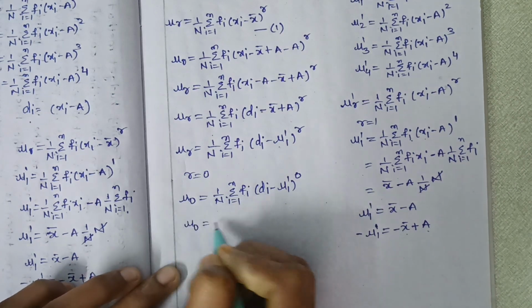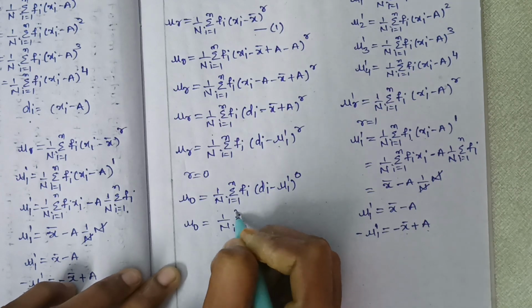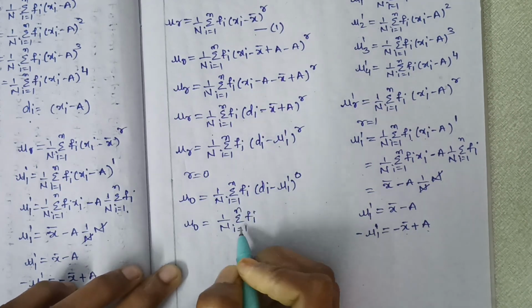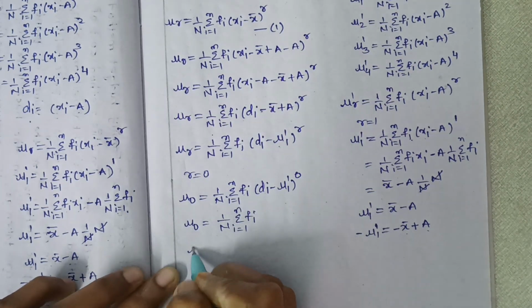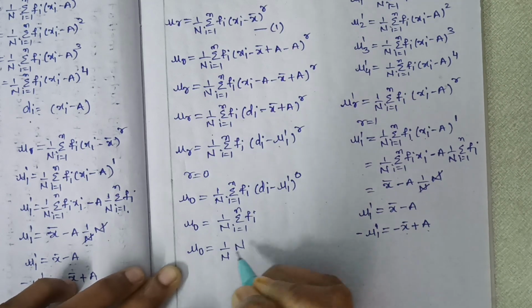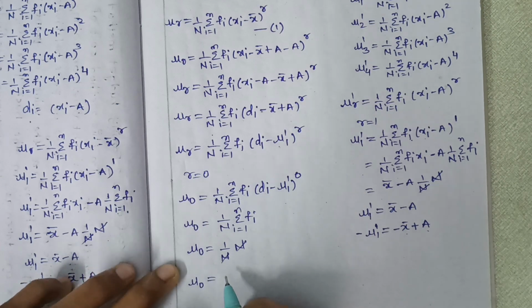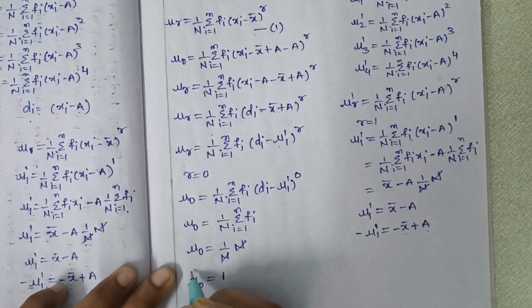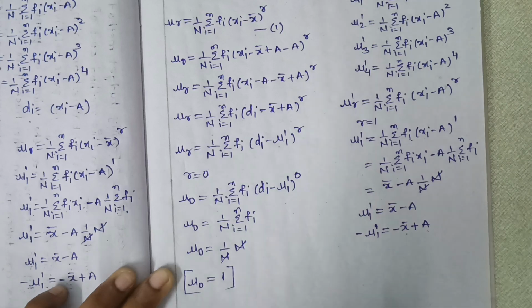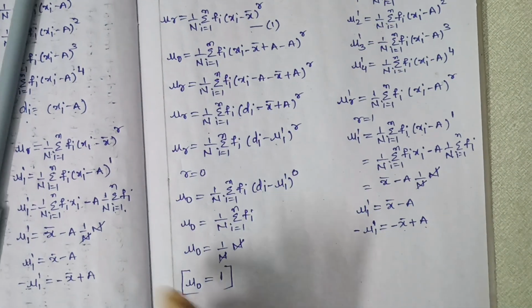Therefore mu 0 is equal to 1 by n summation i equals 1 to n fi, and we know summation fi is n. Therefore mu 0 is equal to 1 by n into n. Cancel this n and we get mu 0 is equal to 1. So now we will assume r value is equal to 1.